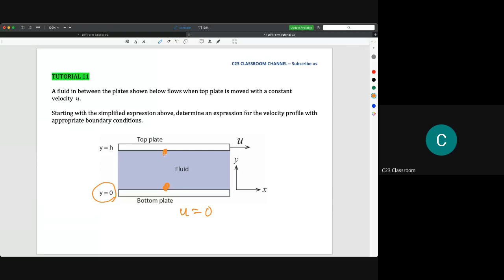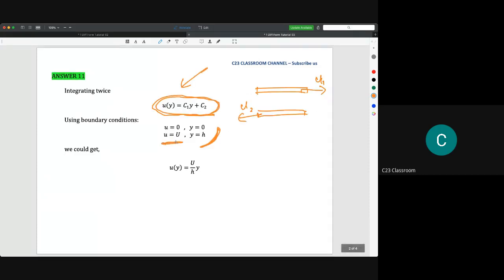And at this point, y is equal to h and u is equal to capital U. I write a capital U here just to differentiate between small and capital U. If you substitute the boundary conditions here, you will get c2 equal to 0, and you will get c1 equal to U over H. That's why you could write u as a function of y is equal to U over H times y.